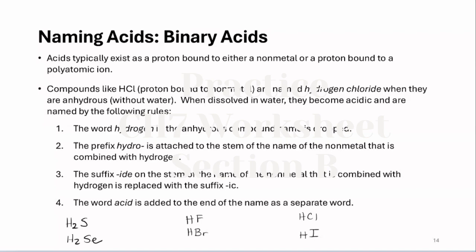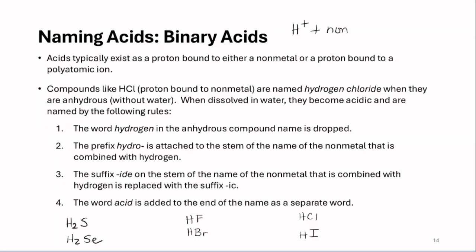Now we're going to learn how to name acids, starting with binary acids. When it comes to binary acids, these are going to be acids that are composed from mixing essentially H plus and a nonmetal. Notice that the nonmetals that form these binary acids are the nonmetals that live in group 6A and group 7A.